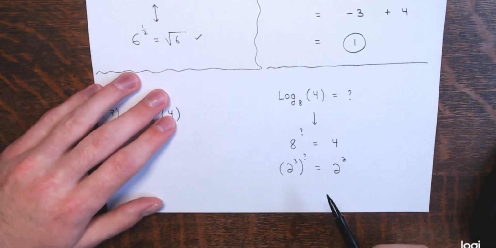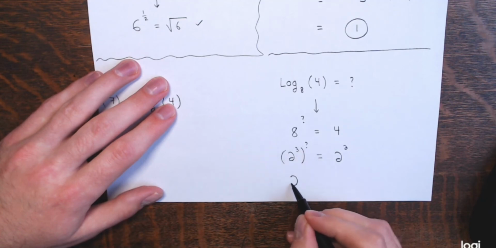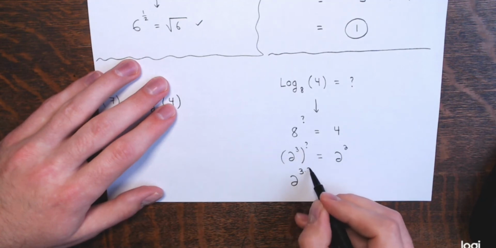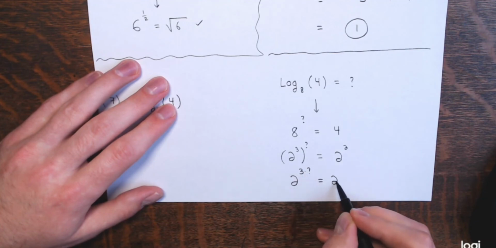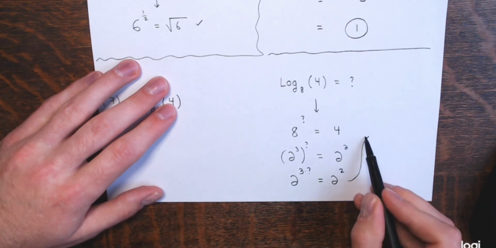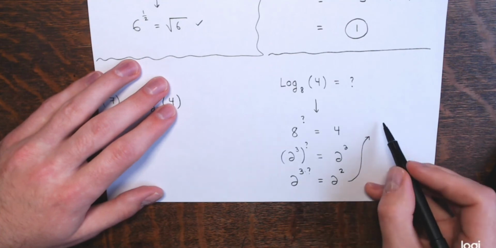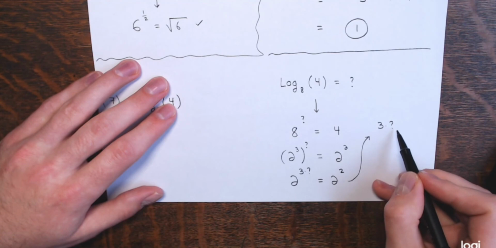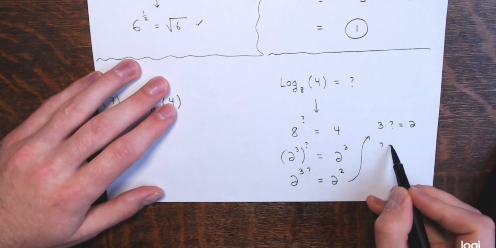And on the left side, when you raise a power to another power like this, you multiply those. So this would be 2 to the 3 times question mark, equals 2 to the second. And then you're going to use the fact that exponential functions are 1 to 1 to say, hey, the only way two powers of 2 are the same is if their powers are the same. So 3 times question mark must be equal to 2, and then dividing by 3, the question mark must be 2/3.